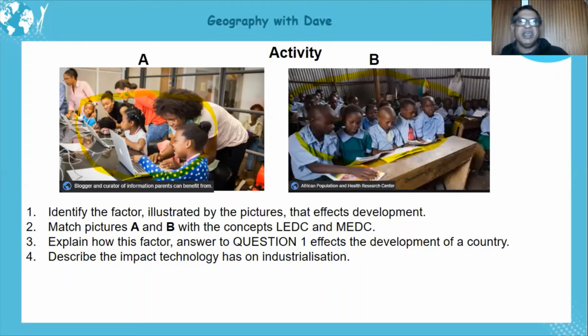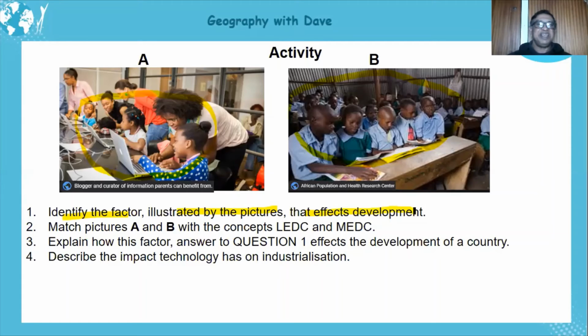So we can see this is dealing with education, all right? Mr. Dave told us that LEDCs lack facilities. I saw a brilliant private school in the LEDCs. Yes, they are, you understand? But facilities are a problem. So let's look at this, learners. Identify the factor illustrated by the picture that affects development.